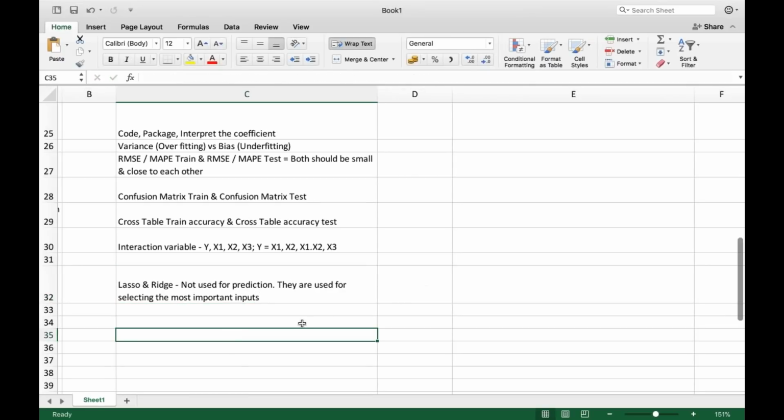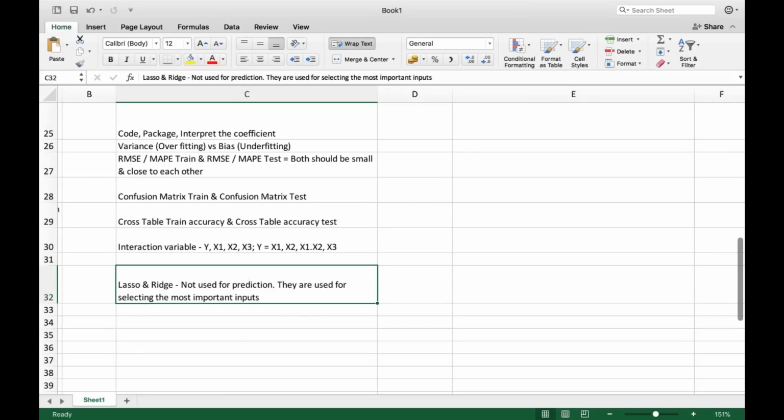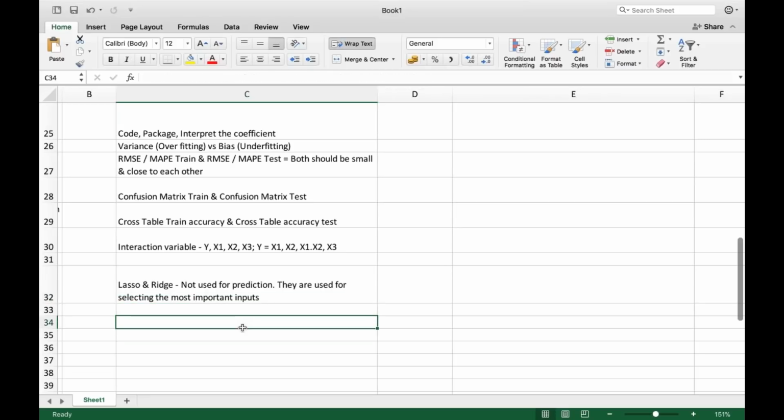Lasso and ridge is not at all used for prediction purpose. It is used only for selecting the most important inputs, remember. What do I need to learn from the interview perspective? The R code and the package which is contained in this. If you run all of these things one time, that's good enough. That's the reason why you have assignments.